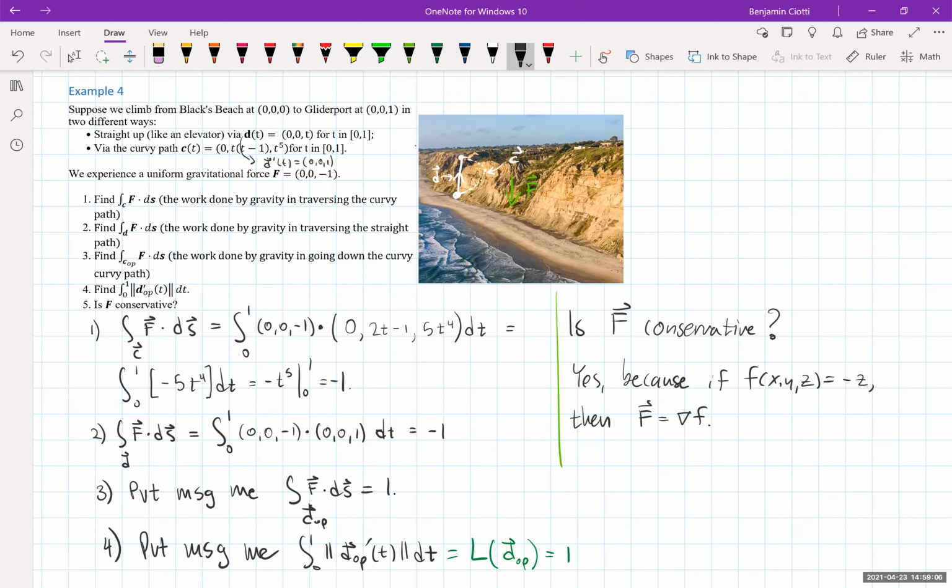Well, a lot of times we use parametrizations to represent trajectories that have a certain position at a certain time. There are many different ways that you could travel the same path, if you travel it at a different speed or in a different direction. So you would use a reparametrization to represent a journey along the path at a different speed.